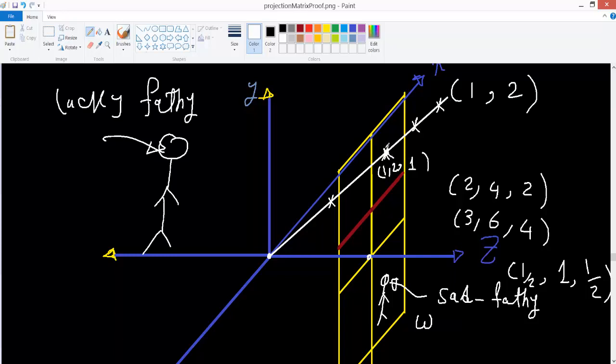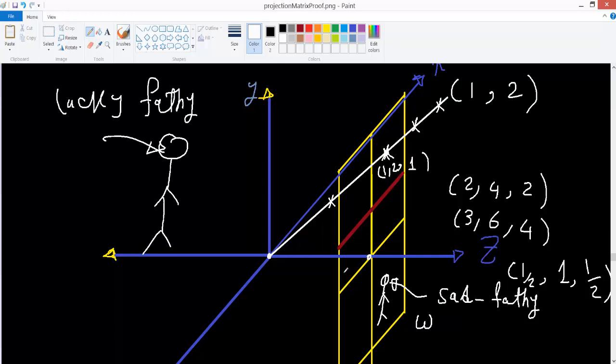All those homogeneous points will correspond to the same projected point on this plane where Sad Fathi lies. So this gives us a hint about the relation between the homogeneous coordinates and projection. We will build upon this relation in the next video to illustrate the real relation between projection and homogeneous coordinates, but it's better to keep this in mind.